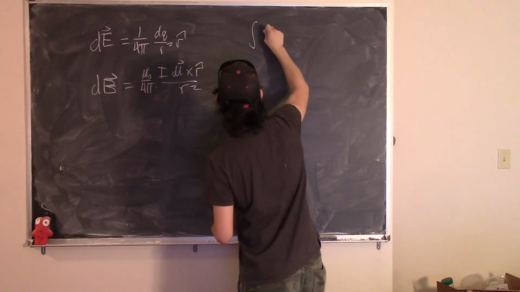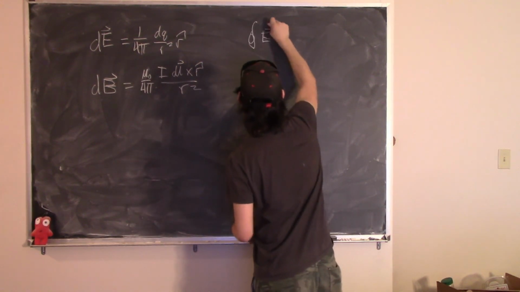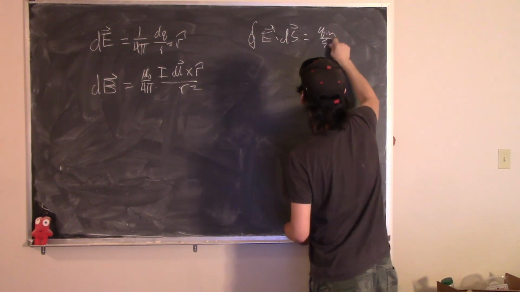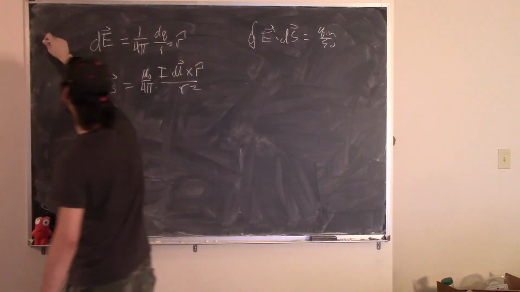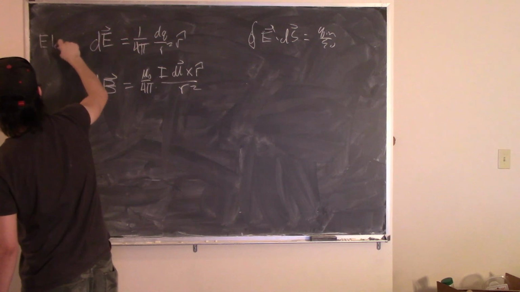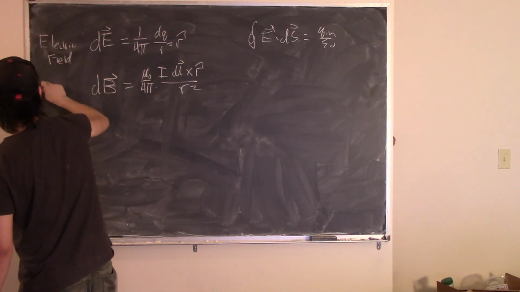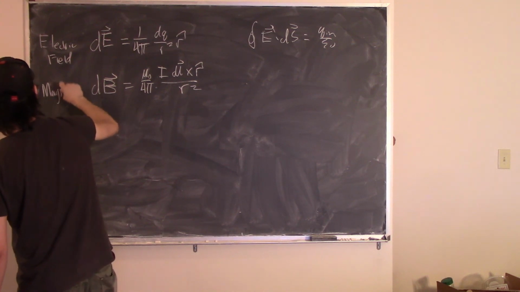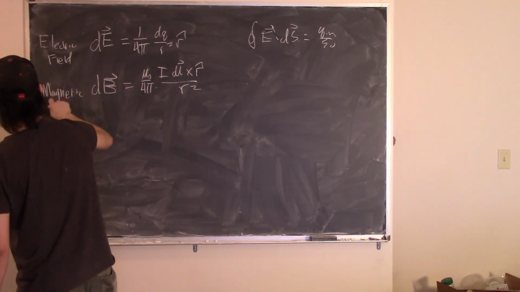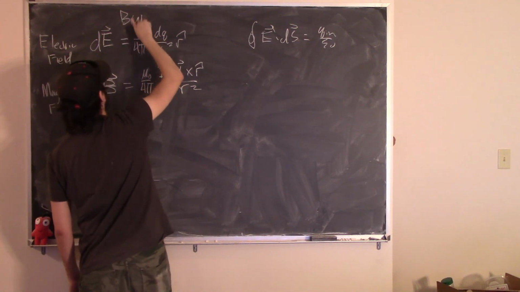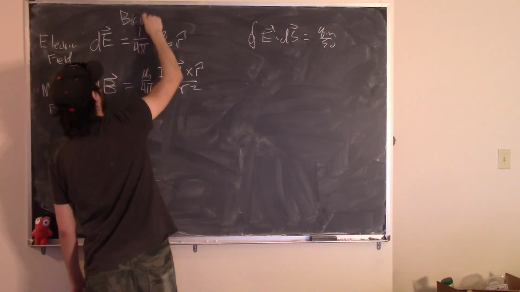And then we had Gauss's law. Integral E dot dA is equal to Q enclosed divided by epsilon naught. So this was how we could calculate an electric field. Here's how we can calculate a magnetic field. This is brute force, brute force.